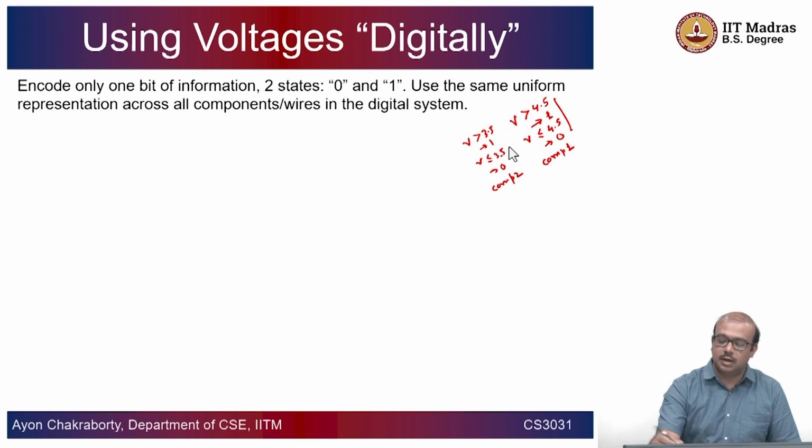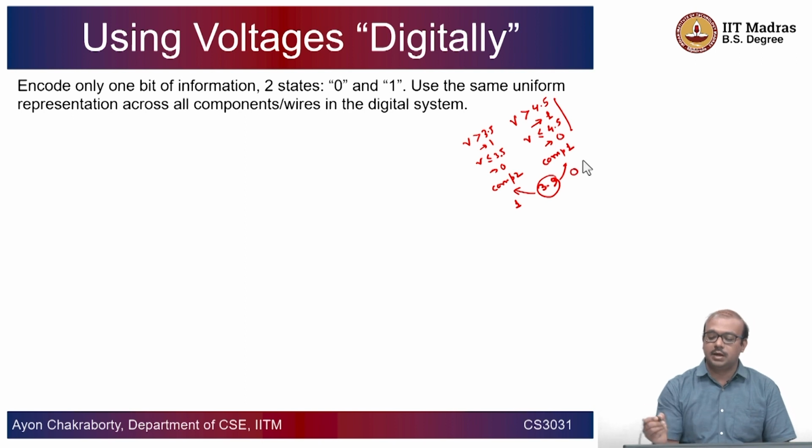If you have a value like 3.9, it is interpreted on component 2 as 1, whereas it is interpreted in component 1 as 0. That's the reason we say the same uniform representation across all the components in the digital system. Whatever the component, they need to agree to the same set of values.